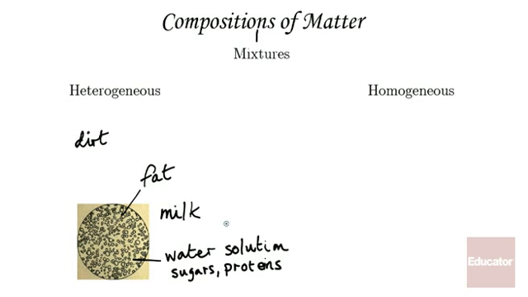Now, all heterogeneous substances can be separated, in principle at least, into homogeneous mixtures, homogeneous substances. And homogeneous substances have the same properties throughout.